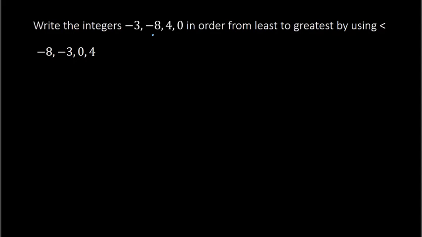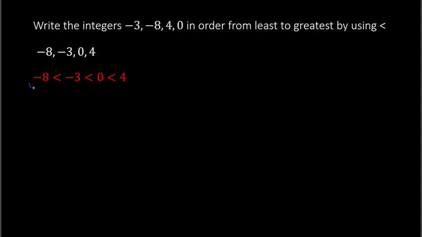So if you wanted to use the less than symbol to show that -8 is less than -3, -3 is less than 0, 0 is less than 4, we could write it like this, where we connect each of these numbers with a less than symbol.